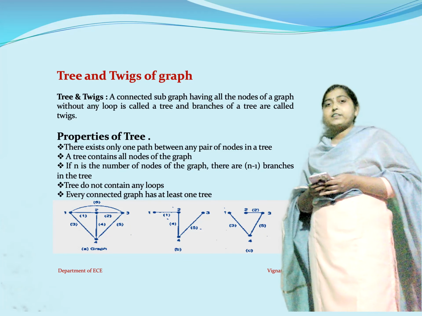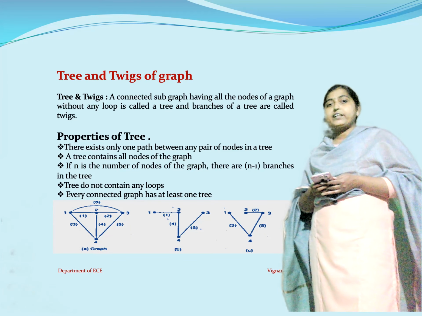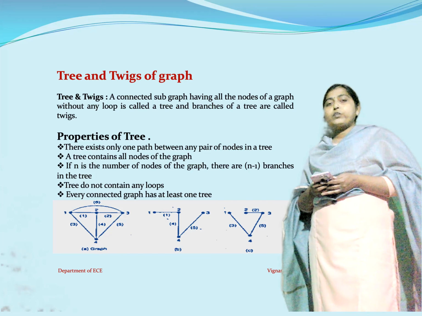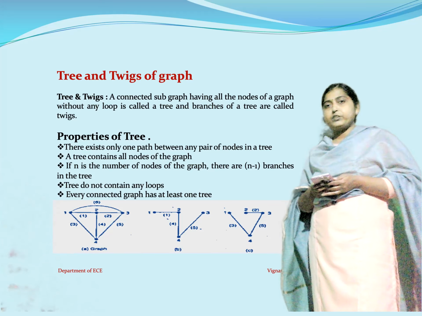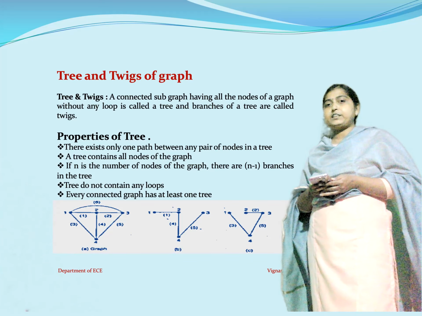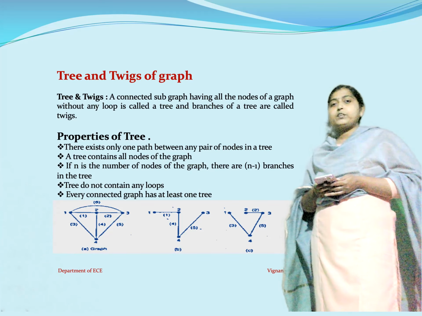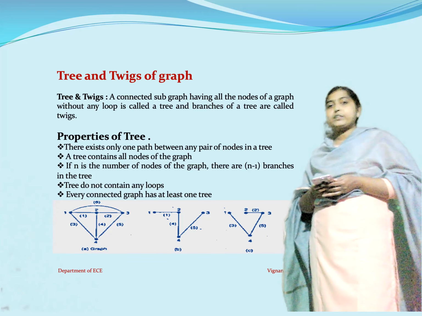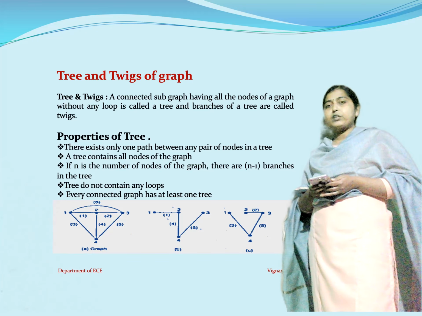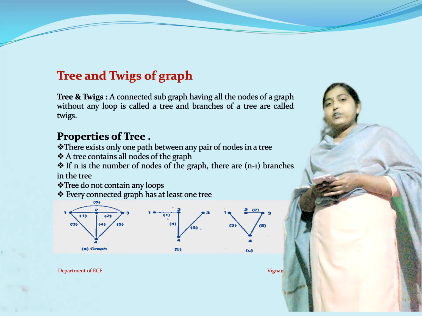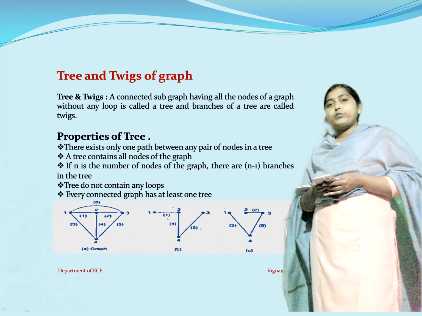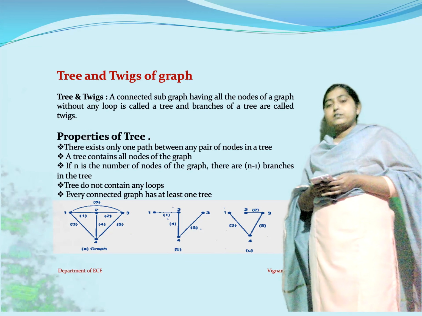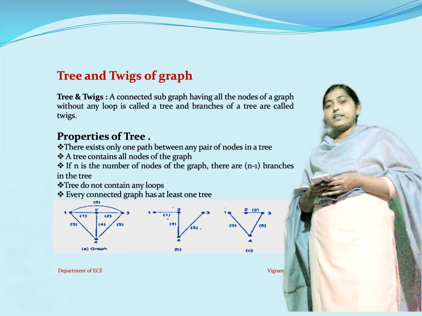When you have a certain network oriented graph, in order to draw the tree, first of all you have to identify the total number of loops present in it. Then you remove one particular branch so that the closed loop becomes open. Then you keep on removing branches depending upon how many loops there are, and then you get a tree.